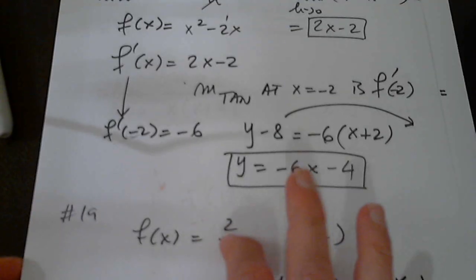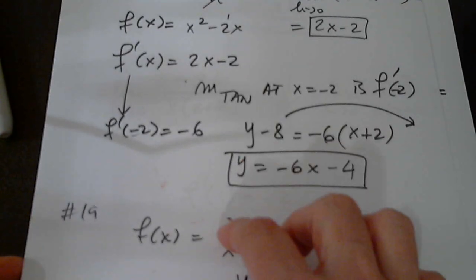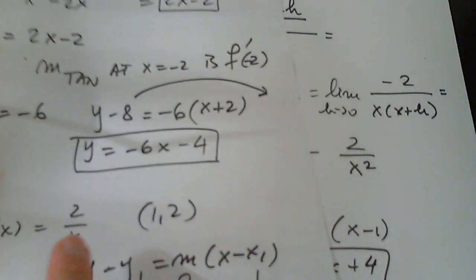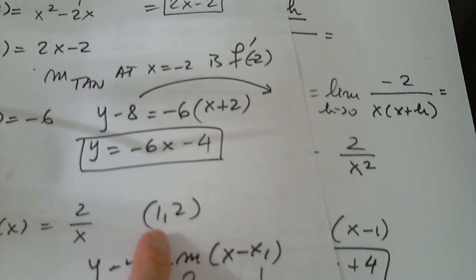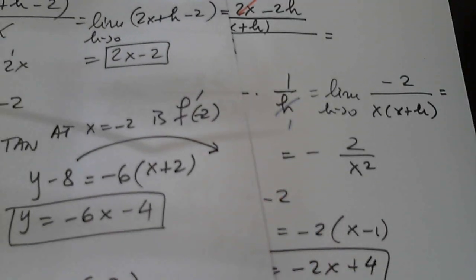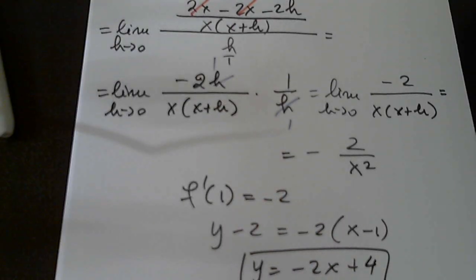So how fast is this function changing at 1? It's decreasing because it's negative, negative 2. How fast is this function changing at 1? Negative 2. That is the slope of the tangent line of this function at 1.